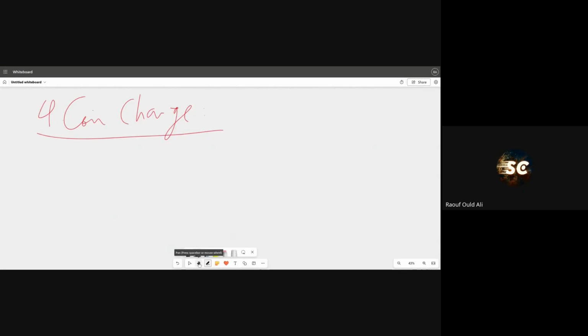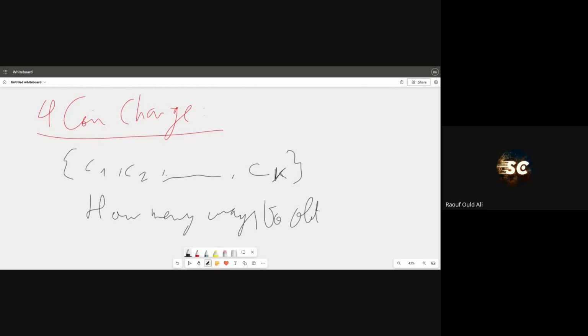We are given a set of coins C1, C2, up to Ck, and we want to know how many ways there are to obtain a sum of x, using the coins we have here, each one in infinite amount.